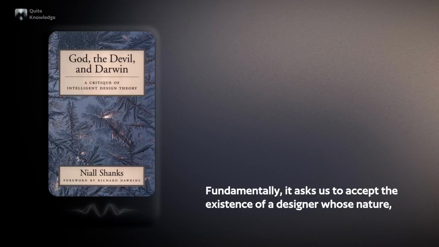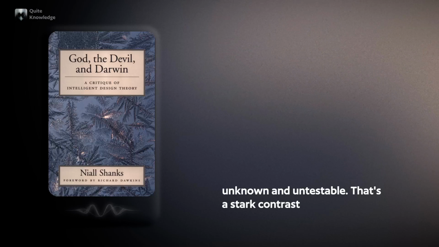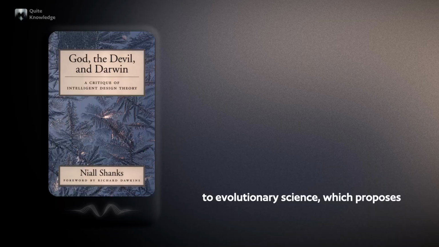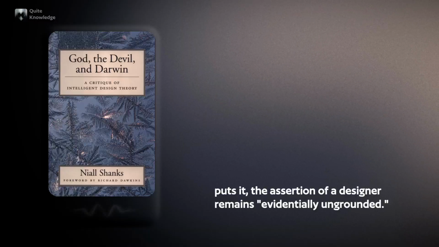And ID fails that basic evidence test. Fundamentally, it asks us to accept the existence of a designer whose nature, motives, methods, even origin are completely unknown and untestable. That's a stark contrast to evolutionary science, which proposes detailed, testable, falsifiable mechanisms. As the source puts it, the assertion of a designer remains evidentially ungrounded.